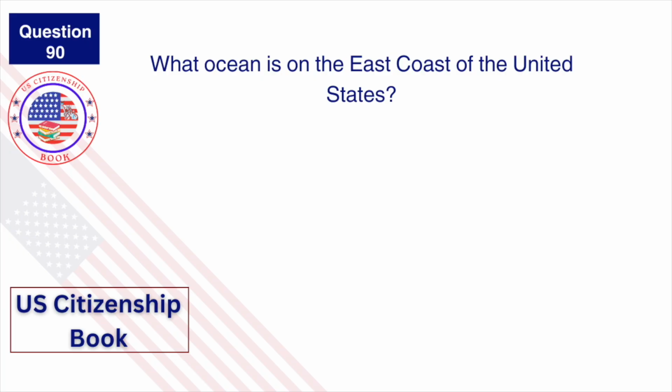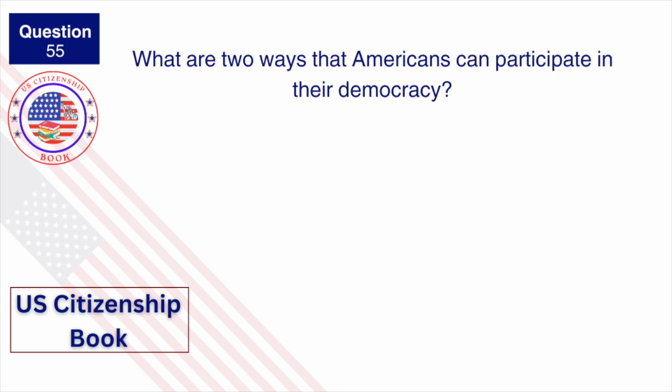What ocean is on the east coast of the United States? Atlantic Ocean. What are two ways that Americans can participate in their democracy?